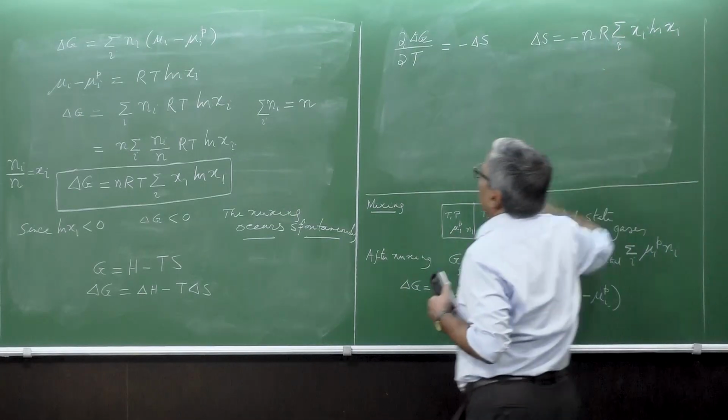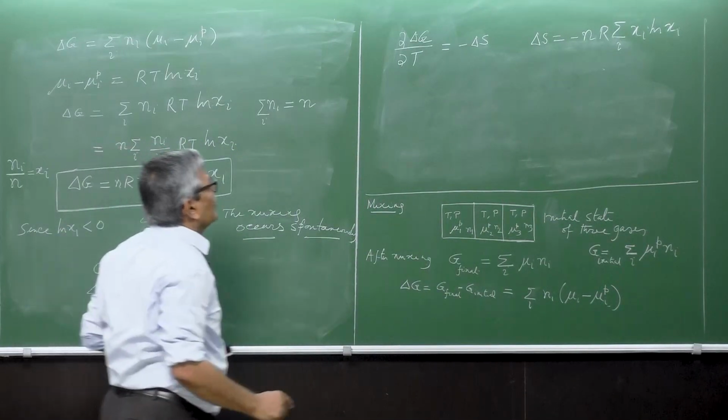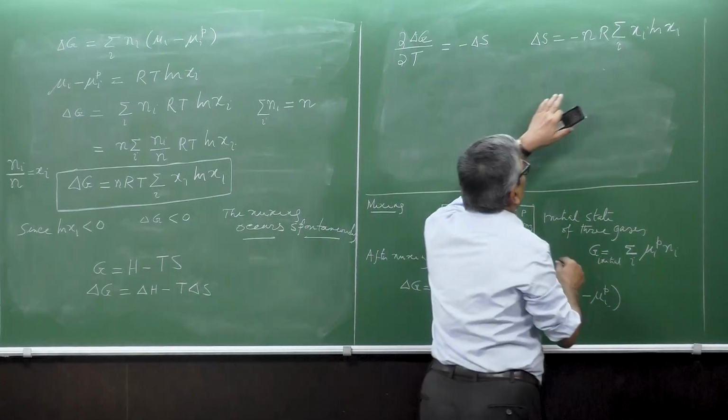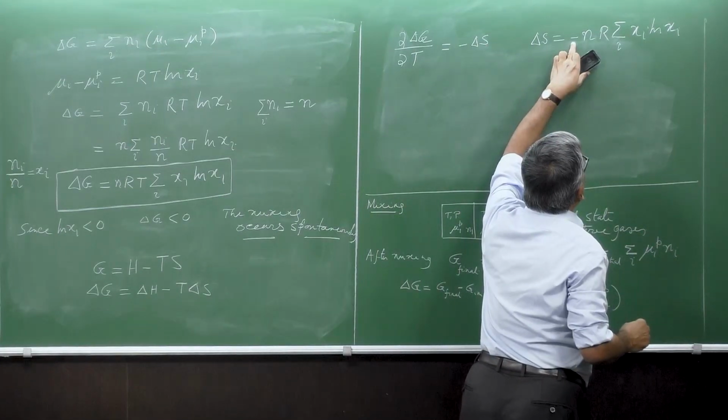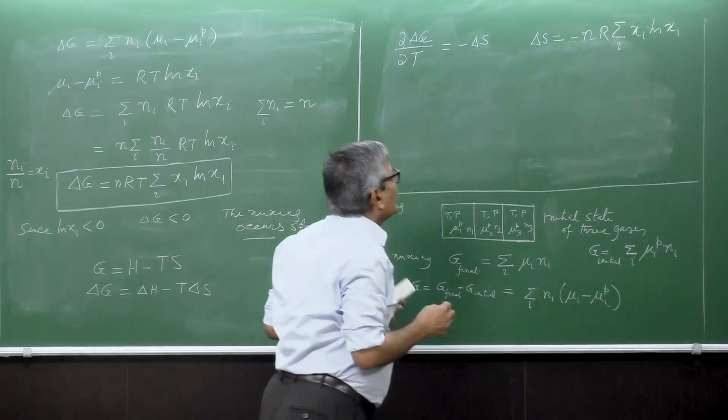So only T is not there because this has been differentiated and it has been removed. So delta S is basically this quantity, and you see that there is a minus sign here. Since this is a negative quantity, delta S is always positive.